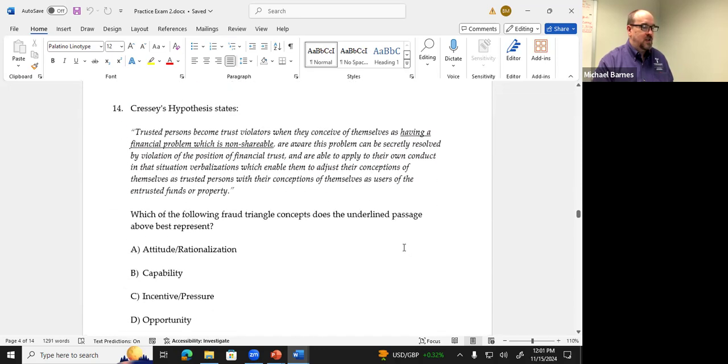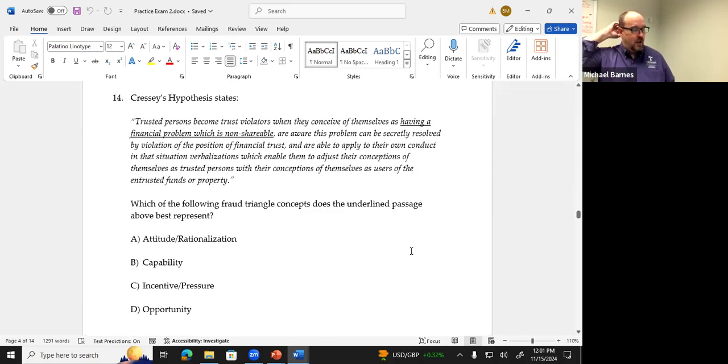All right, Cressey's hypothesis. I'm not going to read the whole thing, but I want to read the underlying parts because we talked about this in detail. We looked at three underlying parts. The first of these said having a financial problem which is non-shareable. Okay, so you've got an issue. You've got a problem which is a financial pressure upon you. So maybe you enjoy sports betting a little bit too much, and so you're in the hole for that.